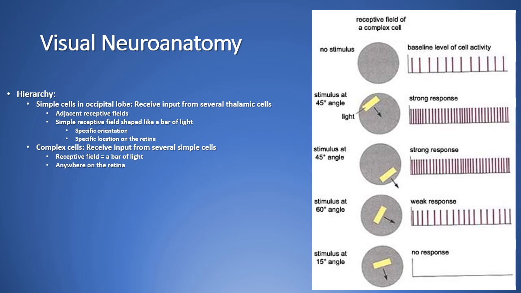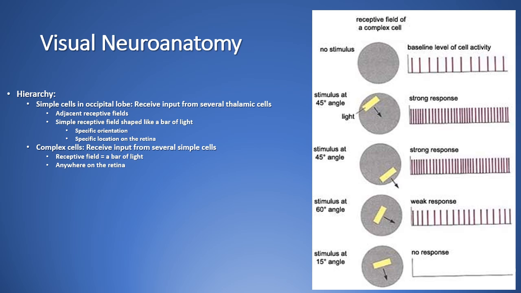It's just saying, I'm hanging out, nothing going on, bump, bump, bump, just sending out a signal every so often. But then you put a bar of light in there at a 45-degree angle, and you go bump, bump, bump, bump, bump. So it's all excited. There's something in its receptive field, and it doesn't seem to matter where on the retina you put that bar of light, you still get that strong response, as long as it's a 45-degree angle.